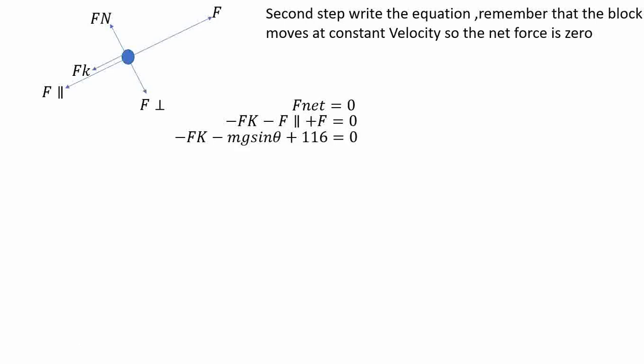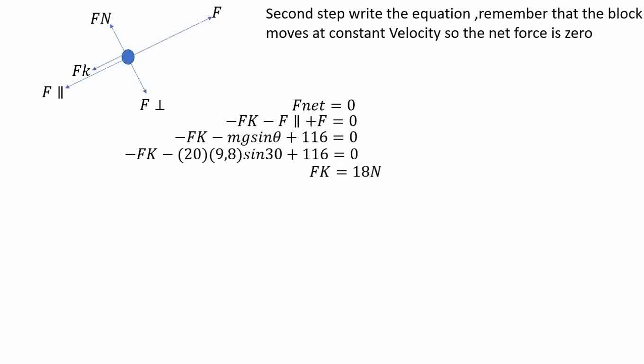On the next step, we will substitute. We have an unknown, which is frictional force, and we know that the horizontal component of gravitational force is equal to mg sine theta, m being the mass, g being the gravitational acceleration, and theta the inclined angle. After substituting our values, we will get our frictional force, which is equal to 18 newtons.